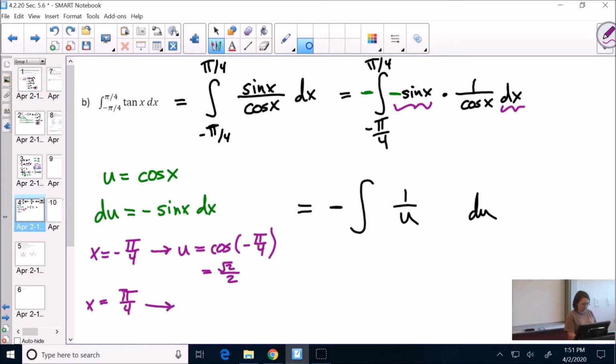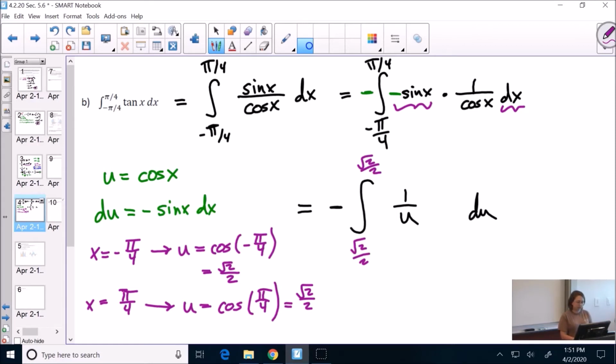For pi over 4, cosine of pi over 4 is in the first quadrant, cosine is still positive, so it's also square root of 2 over 2. So our limits of integration are from square root of 2 over 2 to positive square root of 2 over 2. Wait a second.